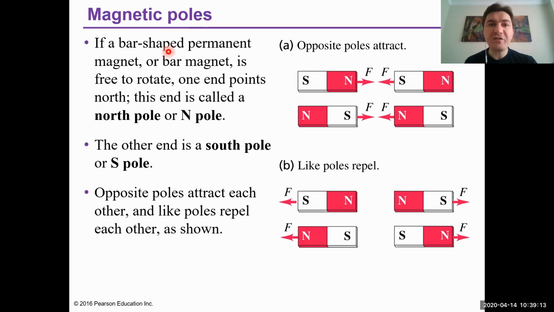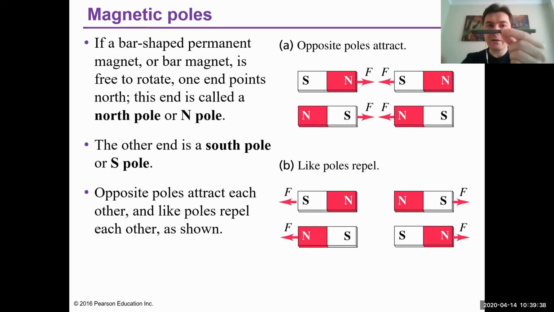If a bar-shaped permanent magnet like this one, in Turkish çubuk, okay, a bar magnet, is free to rotate, one end points north, and this end is called a north pole. Let's consider that this is a bar magnet, okay?